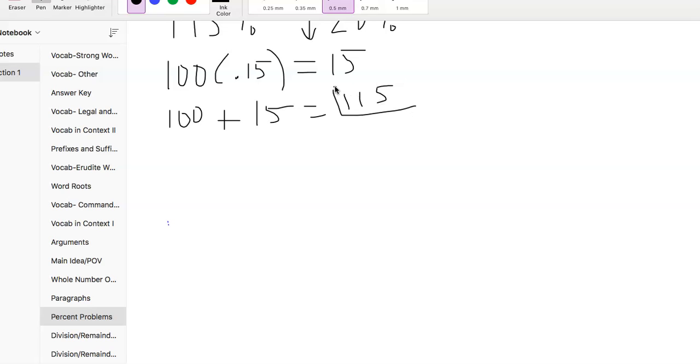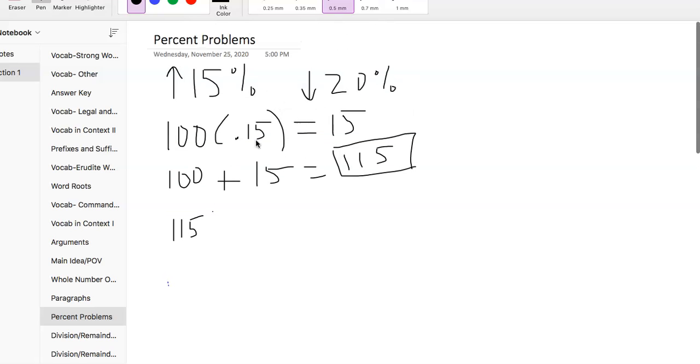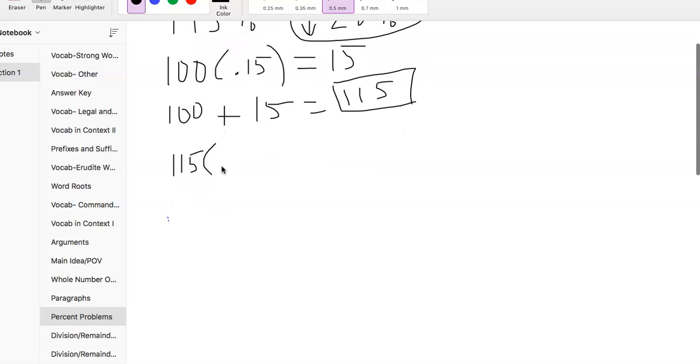As the second month starts, we have that 115, and it went down 20%. So we have our 115 times 0.20. 115 times 0.20 is 23.